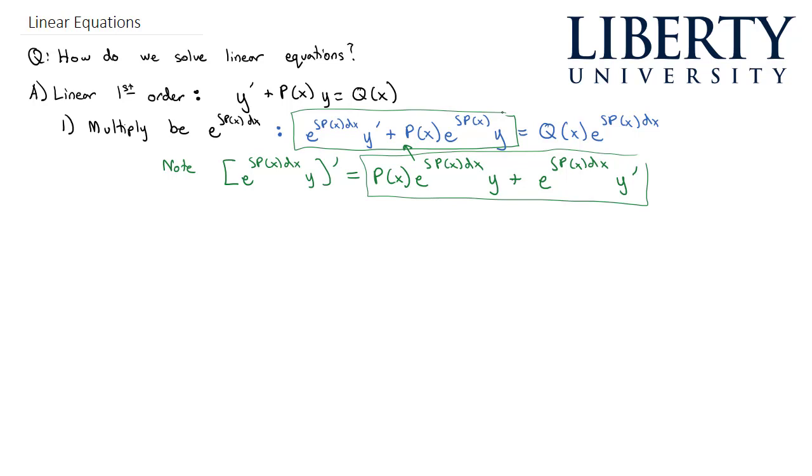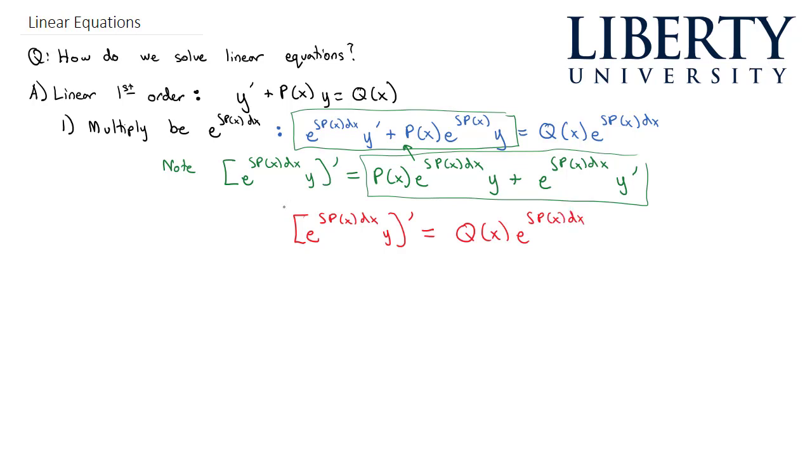The terms are in the opposite order, but it's the exact same expression, which means that left side can be written as just the derivative with respect to x of e to the integral of p of x dx times y, and that is equal to q of x e to the integral of p of x dx.